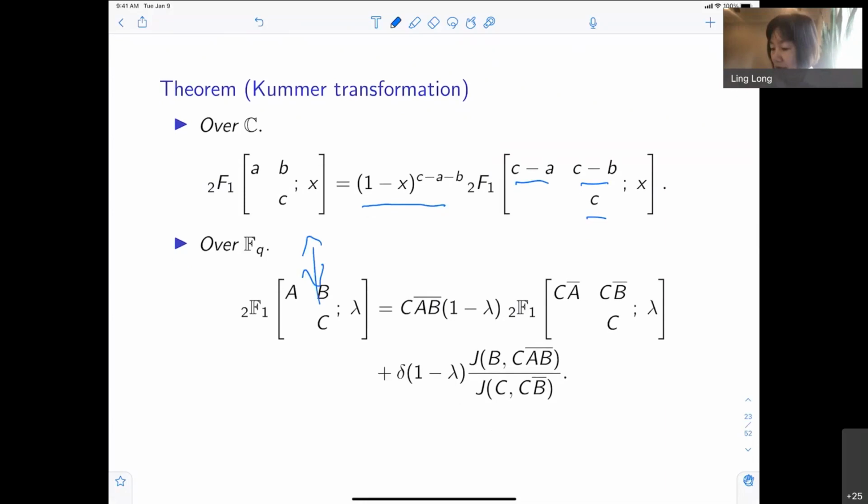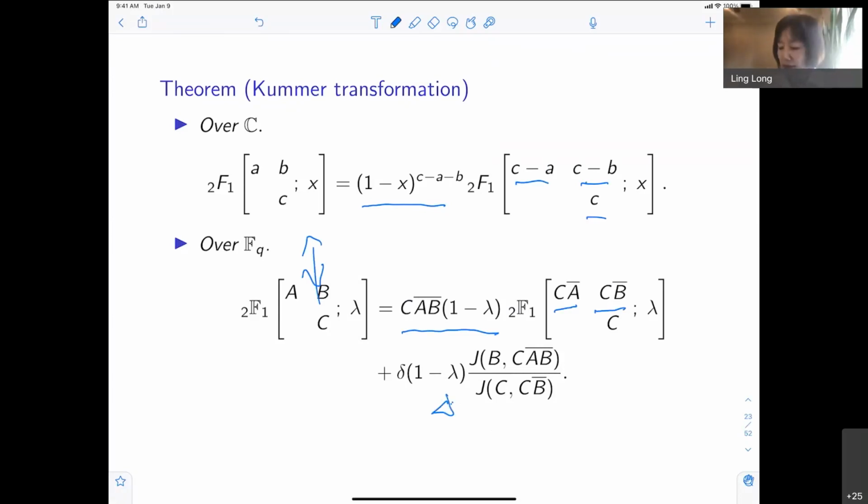In the 2F1 case, you have C minus A, which translates into C and A bar, and C minus B translates to C and B bar, and C goes to C. The 1 minus x, according to our formula, which is 1F0, goes to C, A, B bar applied to 1 minus lambda. But for this formula, there is a delta term.